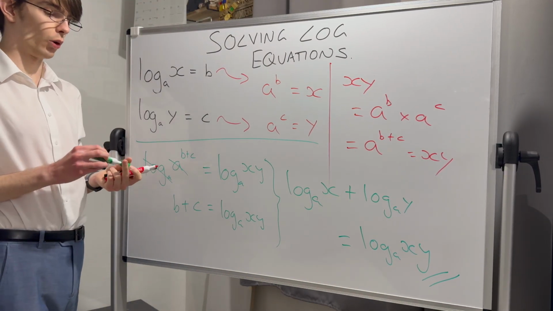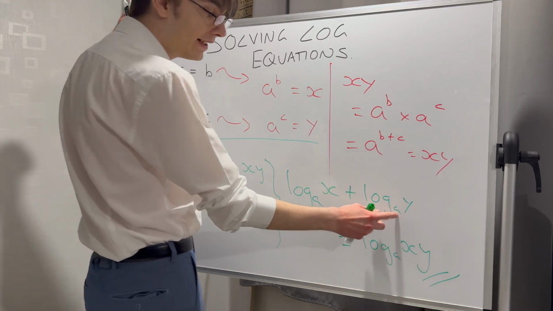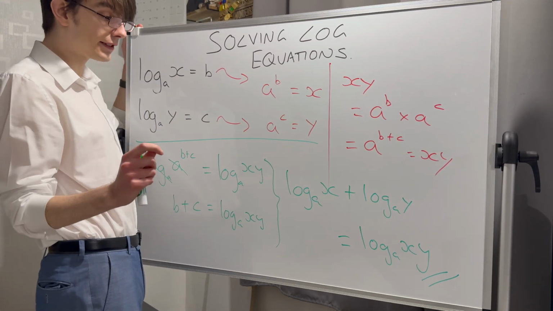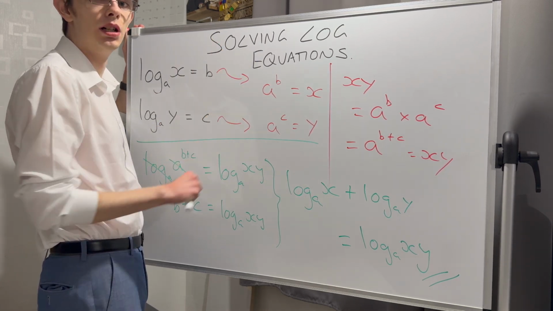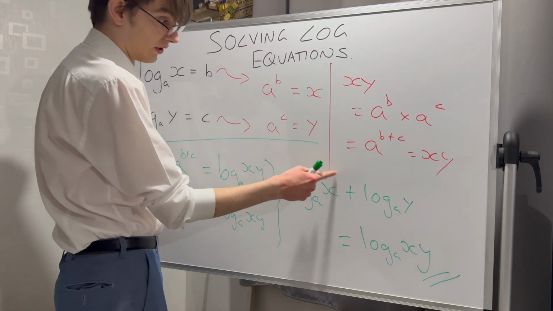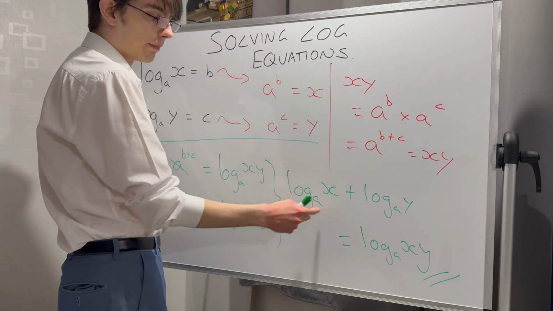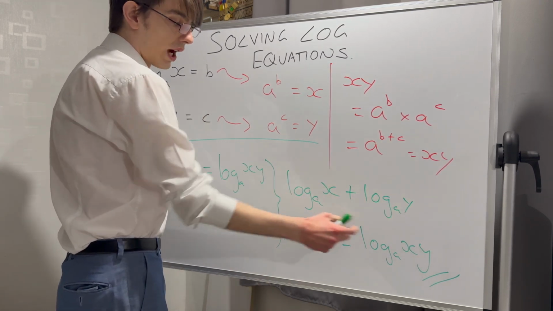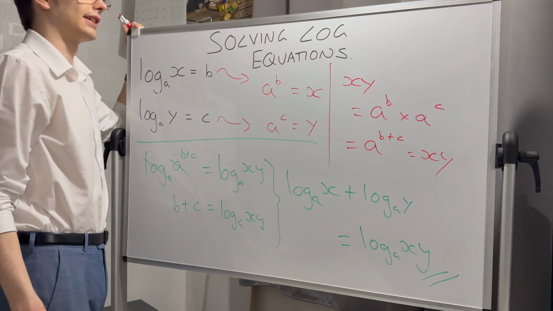And this is our multiplication rule. If we have two logs with the same base, and only if they have the same base, it's a bit like a surd. You can combine surds if they have the same base, I suppose. It's all the same thing, actually. Surds are also just exponents, but that's a different problem. Log of base a x plus log of base a y. This x and y combine into a multiplier to get xy.